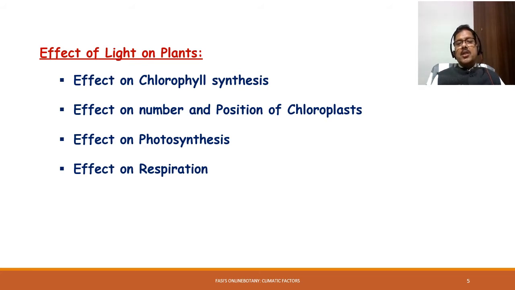Photosynthesis is a process of conversion of solar energy, that is light energy, into chemical energy in the presence of chlorophyll, which is subsequently used for the preparation of carbohydrate from carbon dioxide and water. In plants, respiration is a process of the oxidation of carbohydrate into carbon dioxide and water. According to Kelvin, the rate of respiration increases at higher light intensity and decreases at lower light intensity.